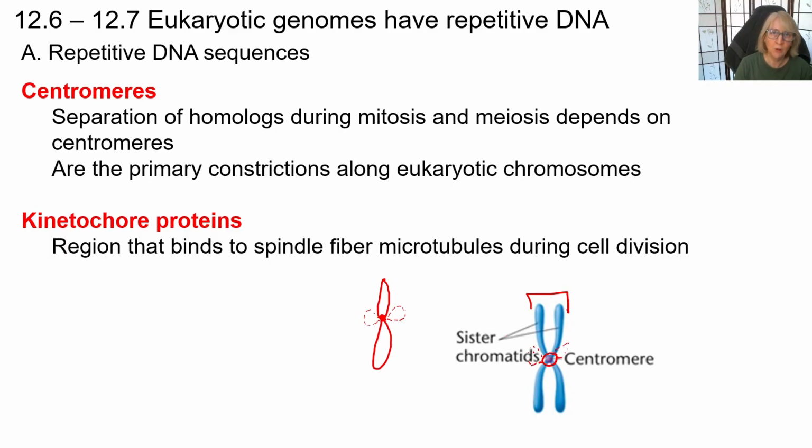We don't want to pull on the centromere, because it's actually made out of DNA and has potential coding inside of it. We want to pull on the molecule, the entire molecule itself. Let's replicate it so we do it right, and so that we're moving it by pulling on proteins. The kinetochore proteins bind to the spindle fiber microtubules. The centromeres are constrictions on the chromosome.